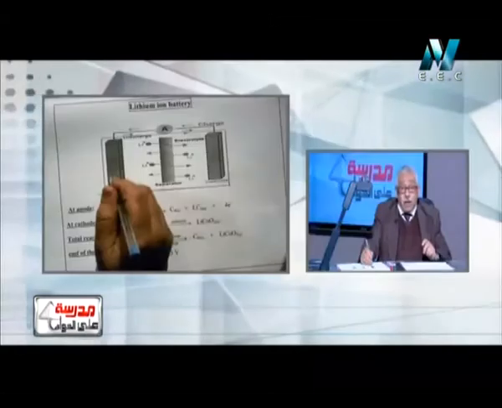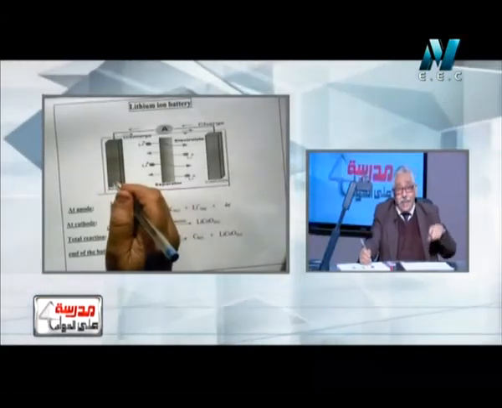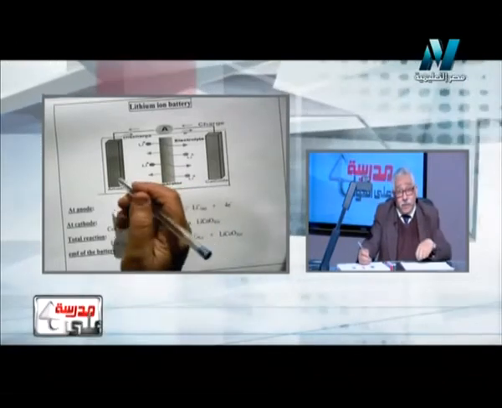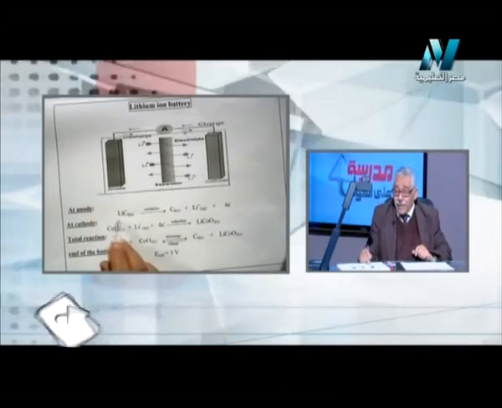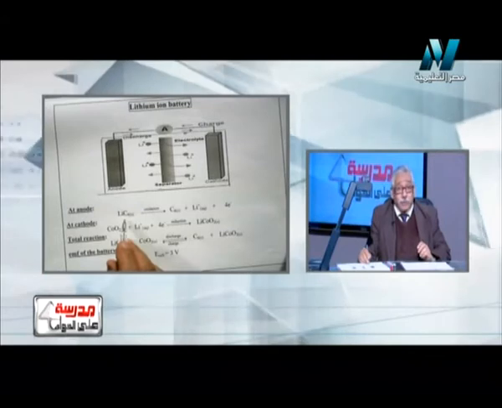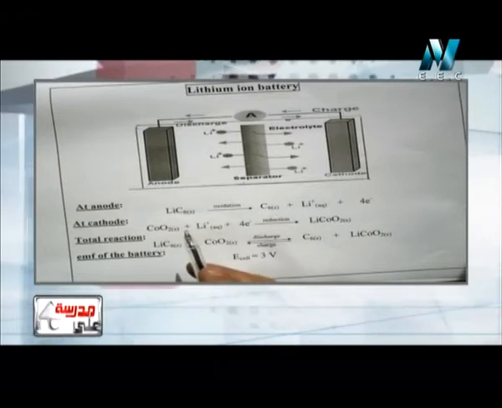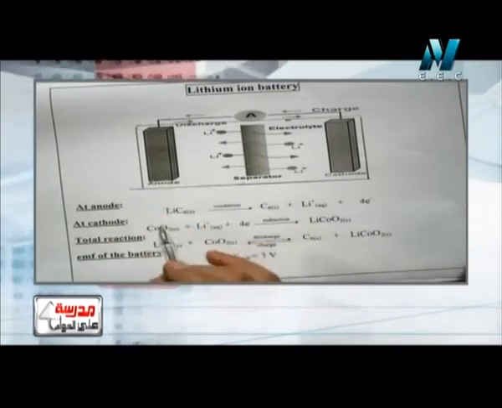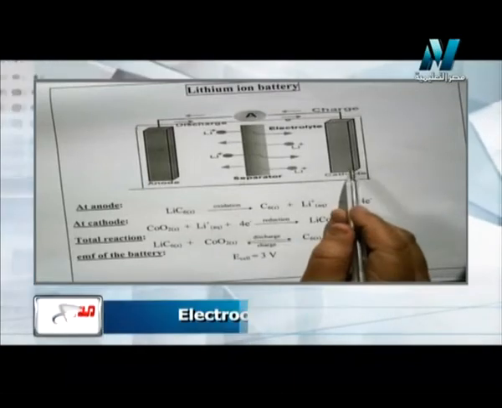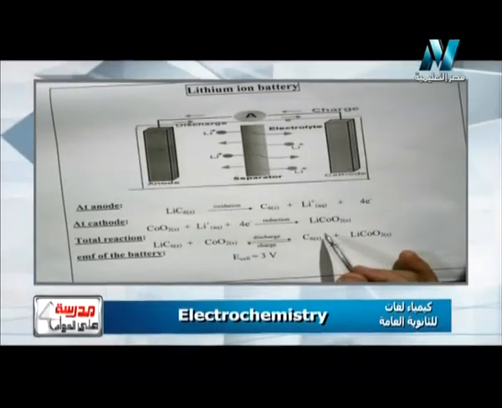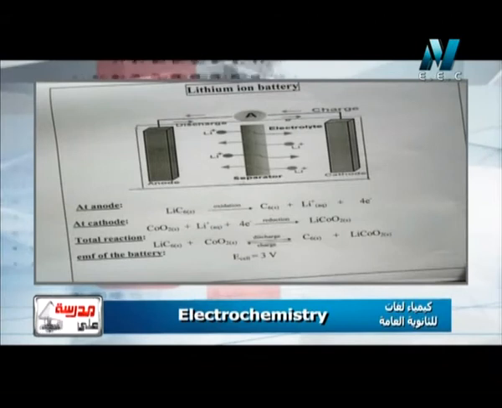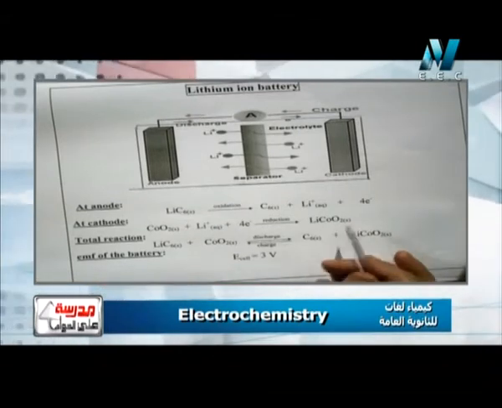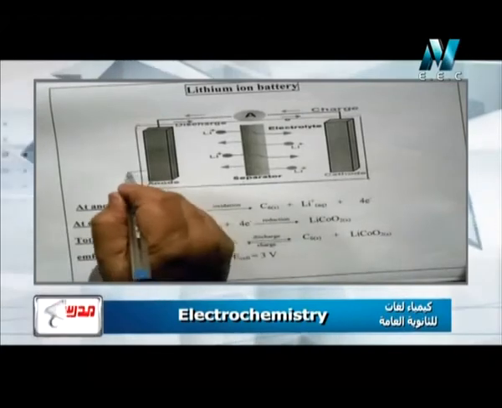The anode is carbon, which is combined with lithium, so the anode will be LiC6 solid, lithium carbide, graphite, containing lithium. And the cathode will be lithium metal oxide, such as LiCoO2 or LiNiO2, whatever. This is the anode, and here is the cathode.